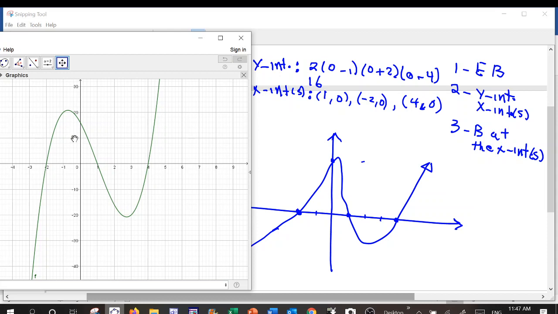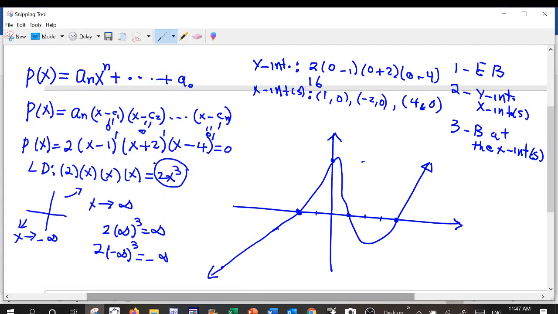We can't tell exactly where that point is with algebra. And the min here is at negative 20 something. I don't know where it is, maybe like 3 or so, but that's the best we can do with college algebra. And that's a good graph.